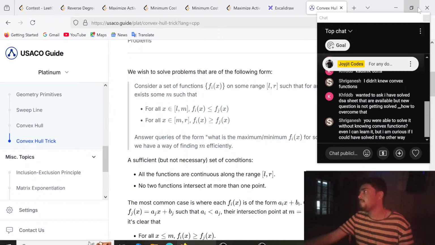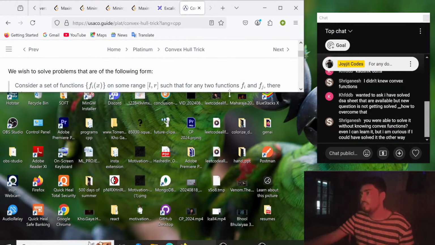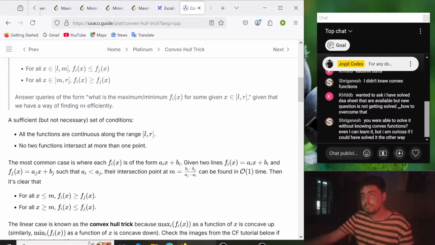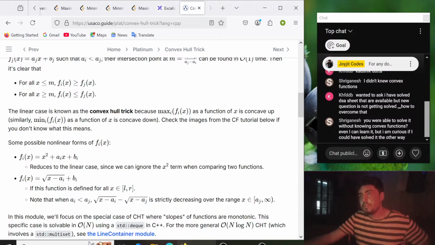So what is the hull trick? The linear case is known as convex hull trick because the maximum as a function of x is concave up. Similarly, the minimum is concave down.